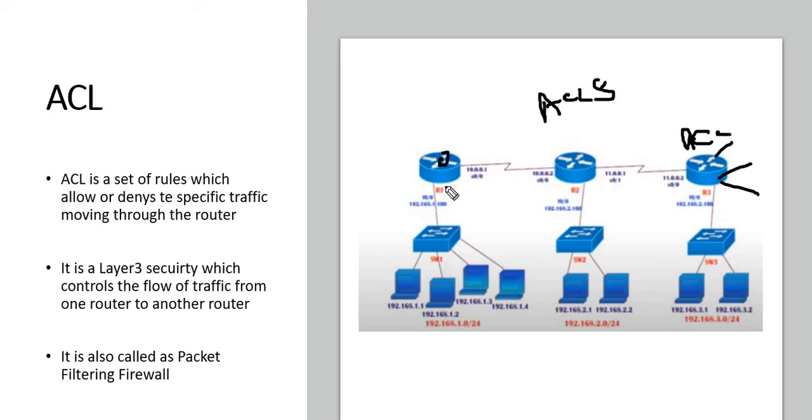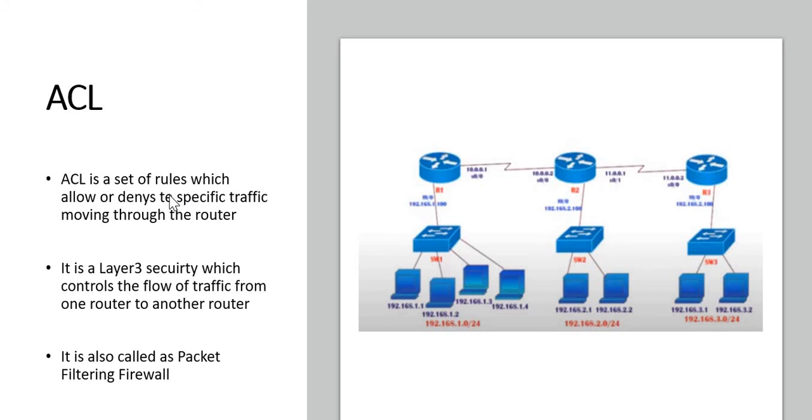If 1.0 is coming for 3.0 and you apply the ACL here, it will stop the traffic when it goes in. If it goes to any other network, such as 4.5, it will allow the traffic. If it is going from 1.0 to 3.0, it will deny the traffic.